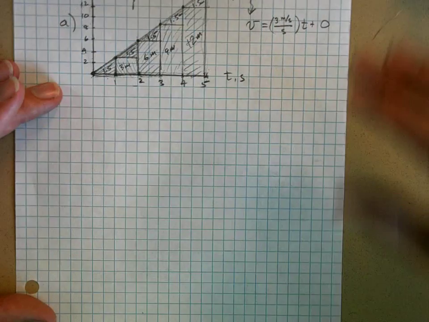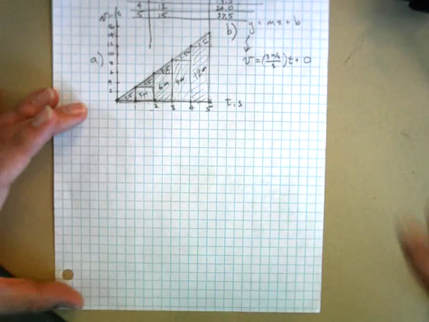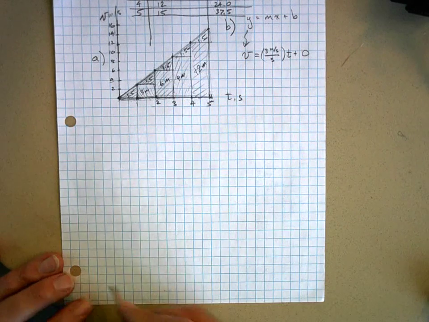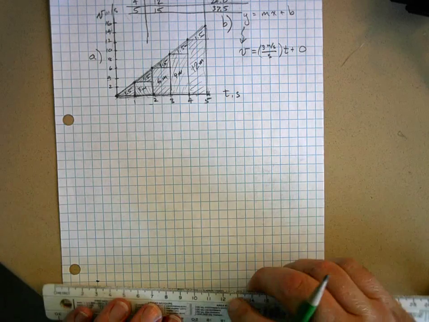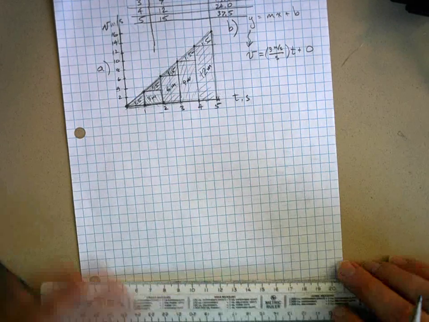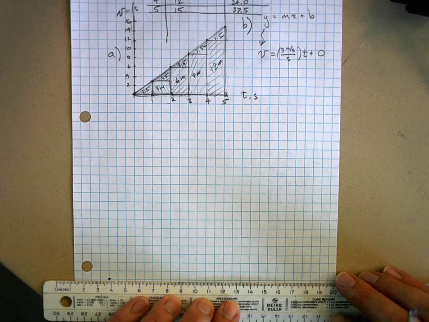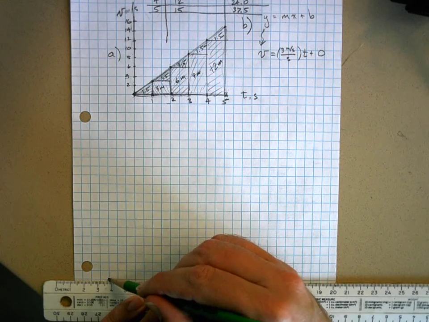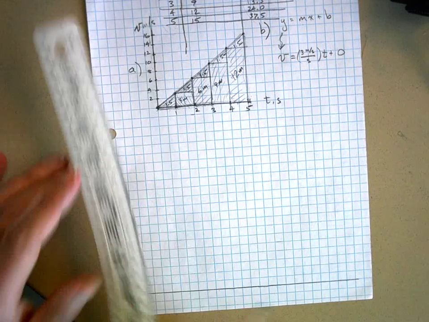Let me zoom out a little bit. Okay, so that's what I'm going to do. I'm going to pick an origin right here. I'm going to draw my horizontal axis. And if you want to get up right now and quietly get a ruler, you can do that. And make my vertical axis.